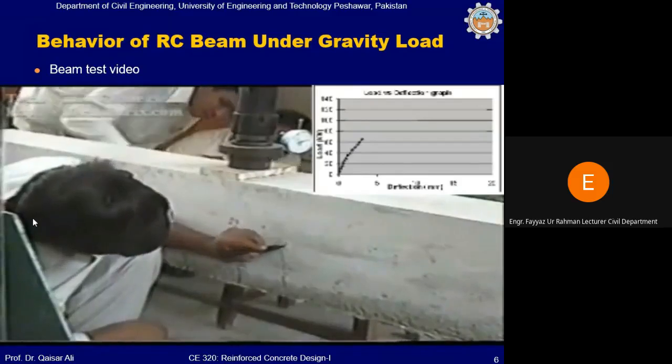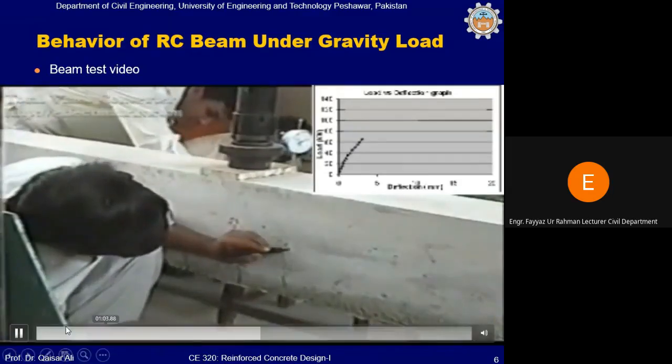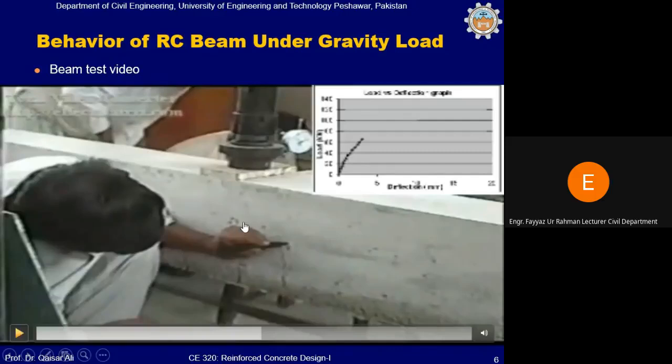You can see each crack in the load deflection curve. After the appearance of the crack at 30 kilonewton, the slope is getting milder. Before the appearance of the crack, the stiffness of the beam is more as compared to the stiffness after the crack, which you can observe from the slope of the load deflection curve.